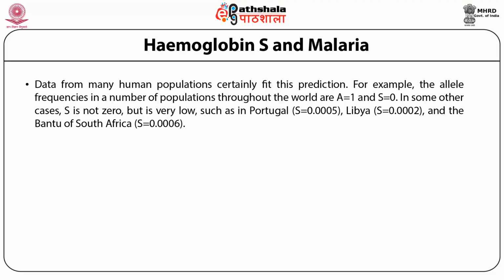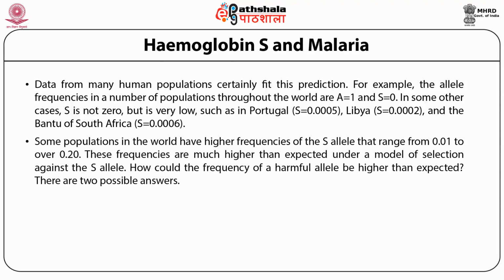On the contrary, some populations in the world have a higher frequency of the S allele. These higher frequencies than expected under the model of selection against the S allele pose a problem. How could the frequency of a harmful allele be higher than expected?